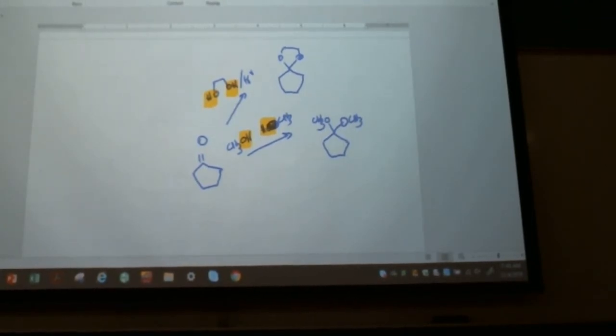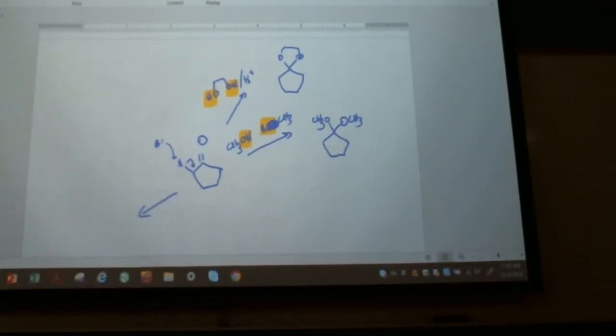And the one with LDA. So lithium diisopropylamide is a very strong base. This is one of those reactions that we studied in the little bit of chapter 22 that we covered, where a very strong base will come and extract this hydrogen alpha to the ketone.